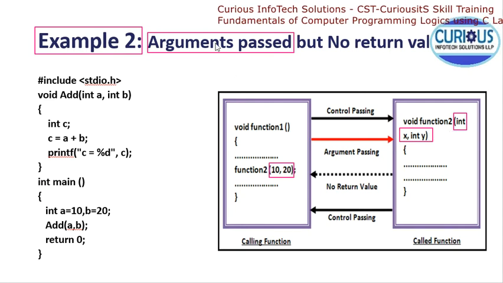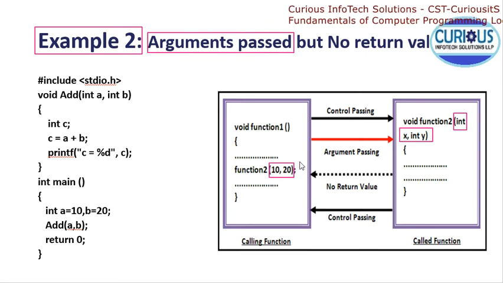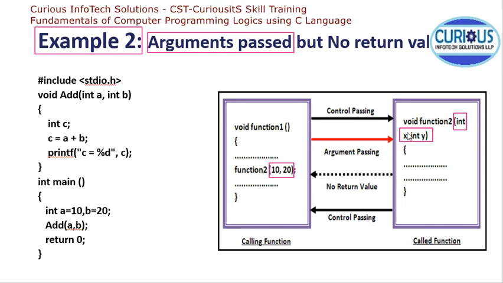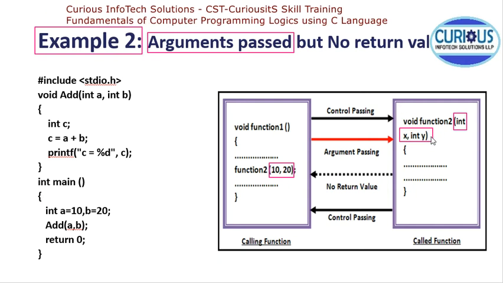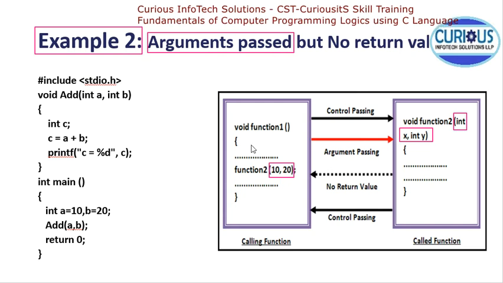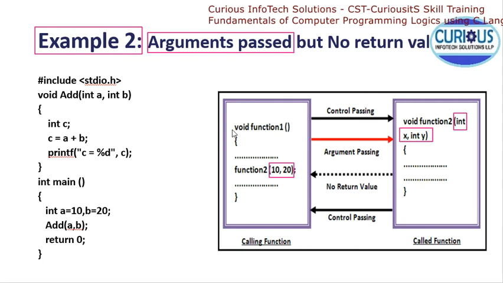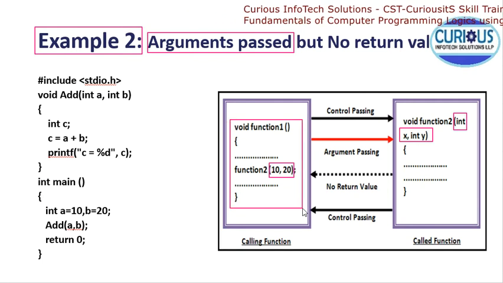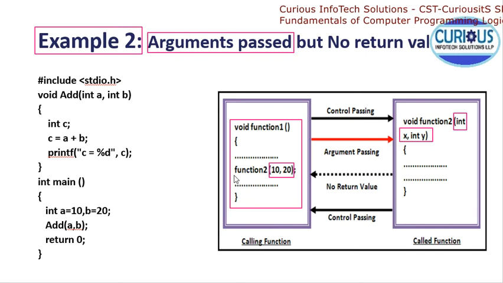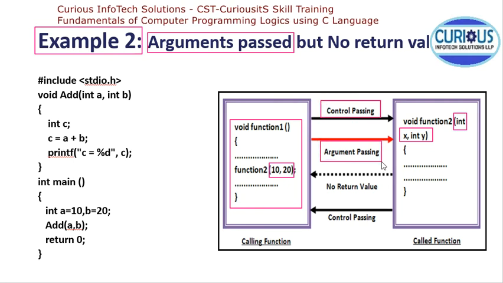Here we are sending arguments, that is the call by value concept. There is also another method known as call by reference. We are using call by value here, which means there is no mirror image of this one. Now we will understand how this passing function will work. As soon as your main function calls function 2, whenever this executes, we will directly pass the control and we will also pass the argument.